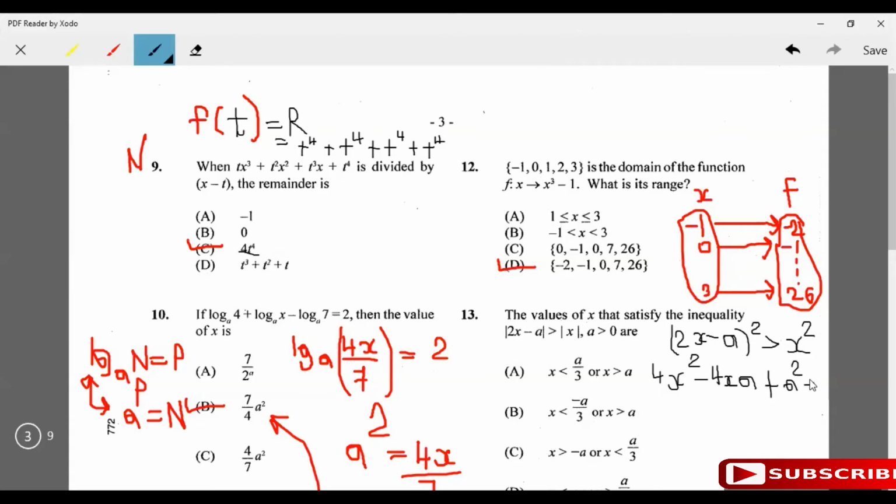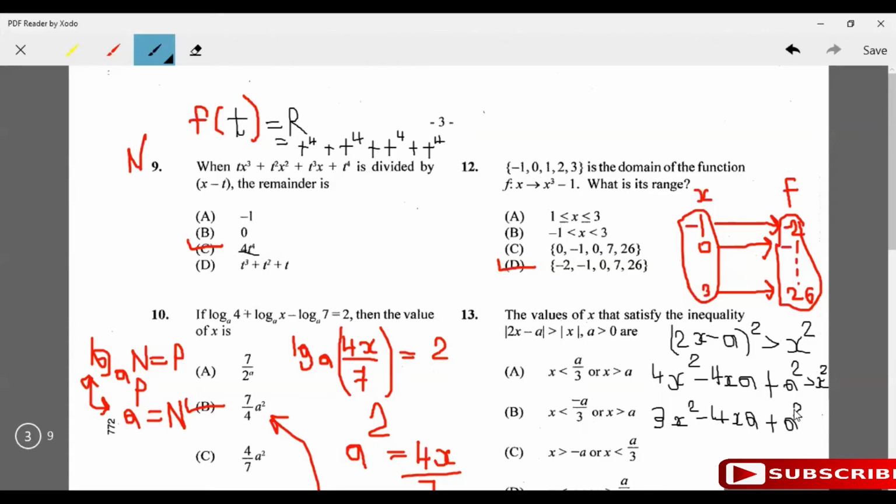When you get to this part, what you need to do is bring over the x squared onto this side. We're going to get 3x squared minus 4xa plus a squared is greater than 0.